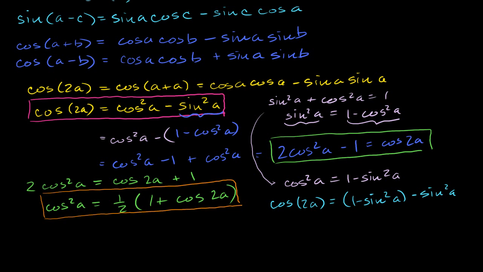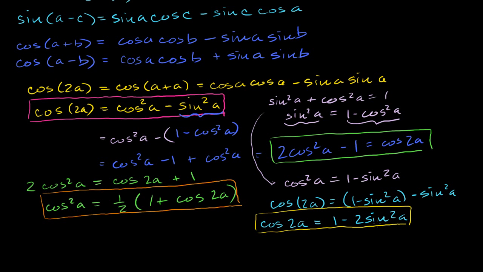So my cosine of 2a is equal to 1 minus sine squared of a minus another sine squared of a. So I have 1 minus 2 sine squared of a. So here's another identity. Another way to write my cosine of 2a. We're discovering a lot of ways to write our cosine of 2a.